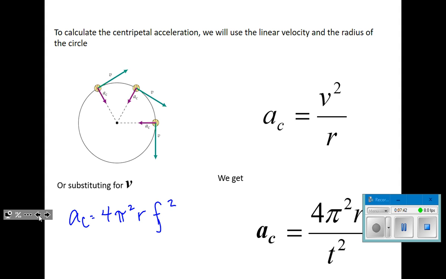The r is not squared because one of the r's cancels out, so that's something to realize.